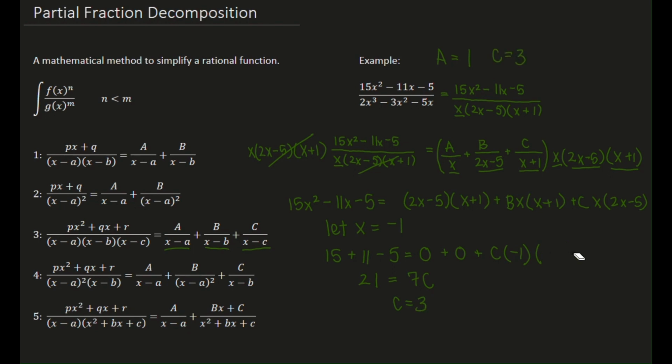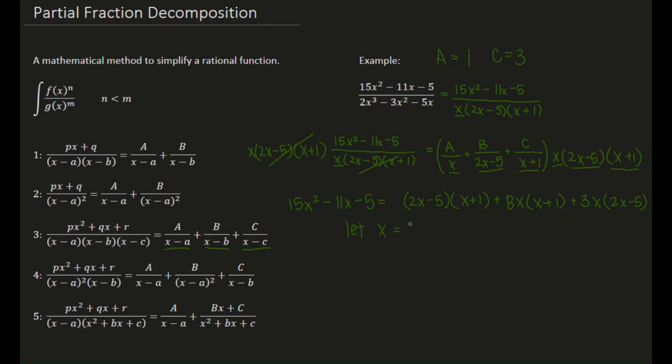Now I'm going to substitute in my c, that 3 in for c, and I'm going to pick any other value to solve for b, and just to make the math simple, I'm going to pick x equals 1. So let's let x equal positive 1 this time instead of negative 1.